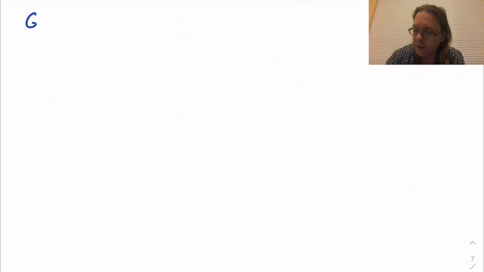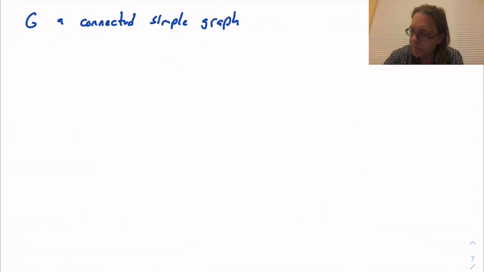So I'm going to take a graph G. And for the moment, let's assume that G is connected and simple. Again, if I'd given you a graph that's not connected, you can just work within each connected component. And the assumption that the graph is simple is just to clean up the statements.